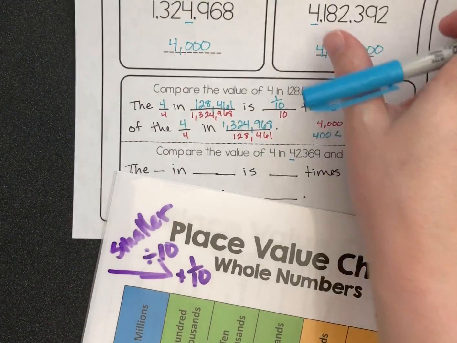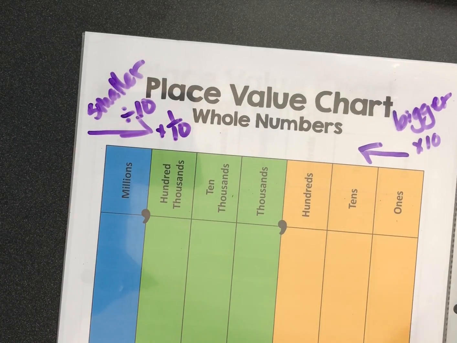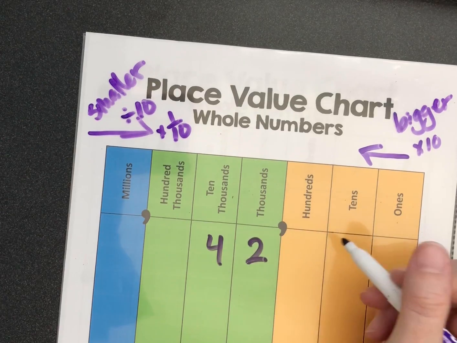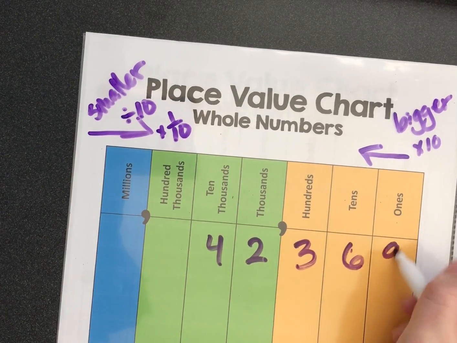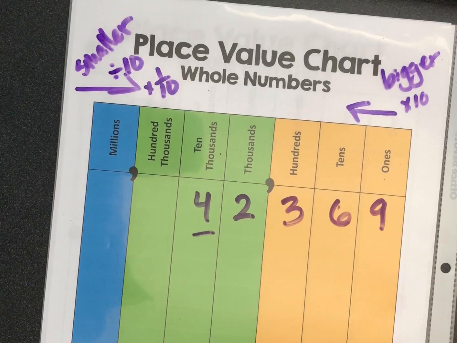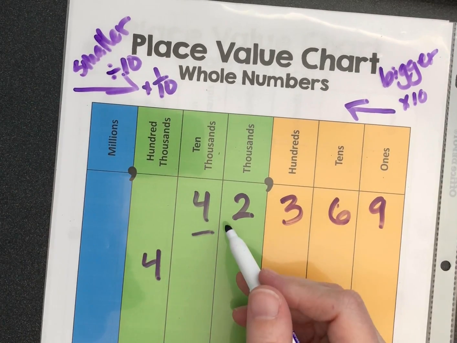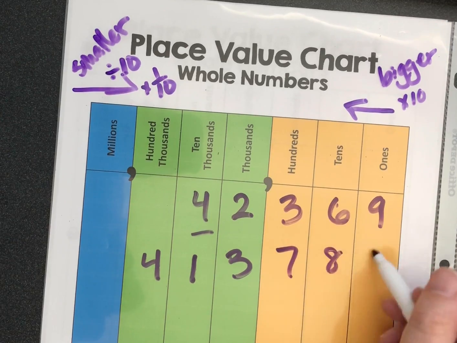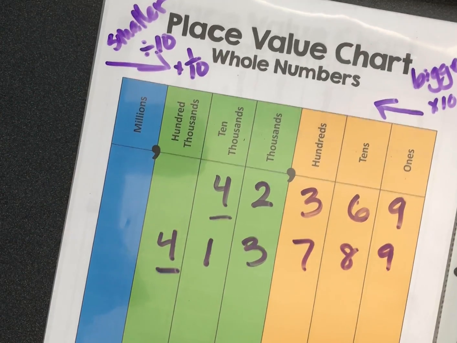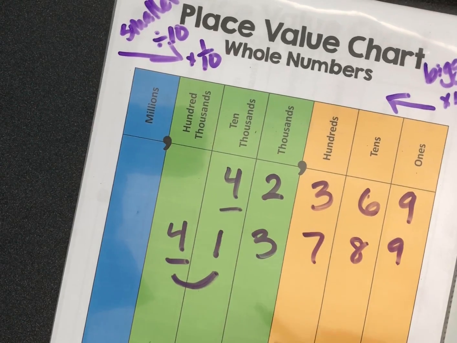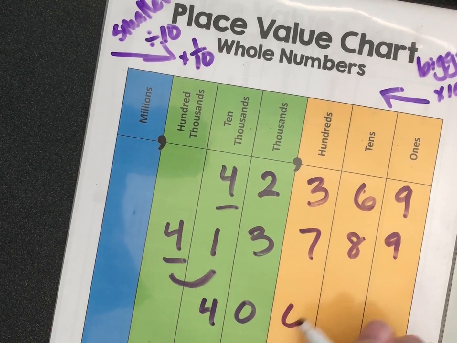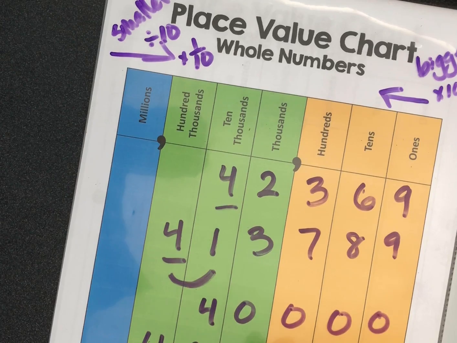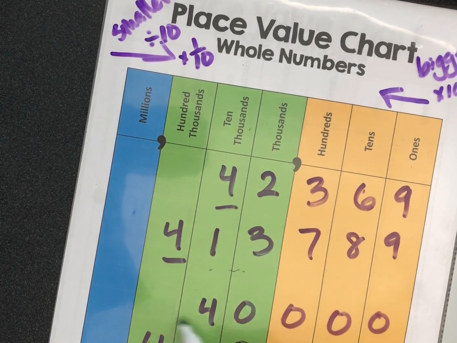That would make things a lot easier, and we would always have it there. Okay, so I'm going to write down my numbers. So my first one is 42,369, and we're looking at that 4. And our second one is 413,789, and we're still looking at that 4. Oh, we can see that it's still only one away from each other, right? So the first one was 40,000. Our second one was 400,000, but they're only one place value spot away from each other.